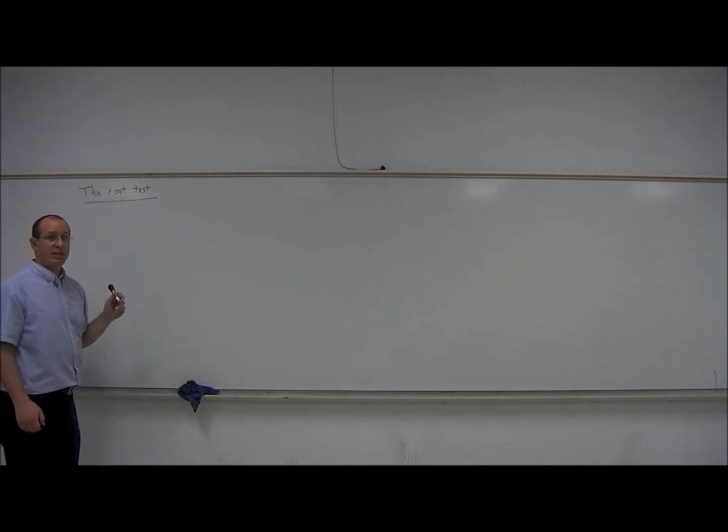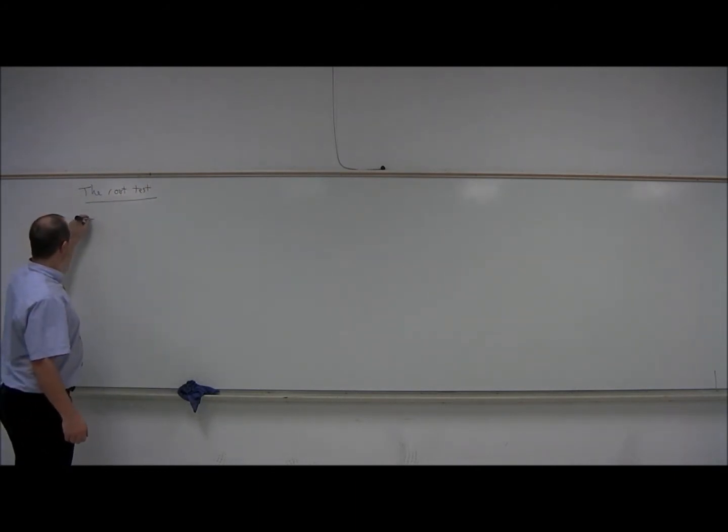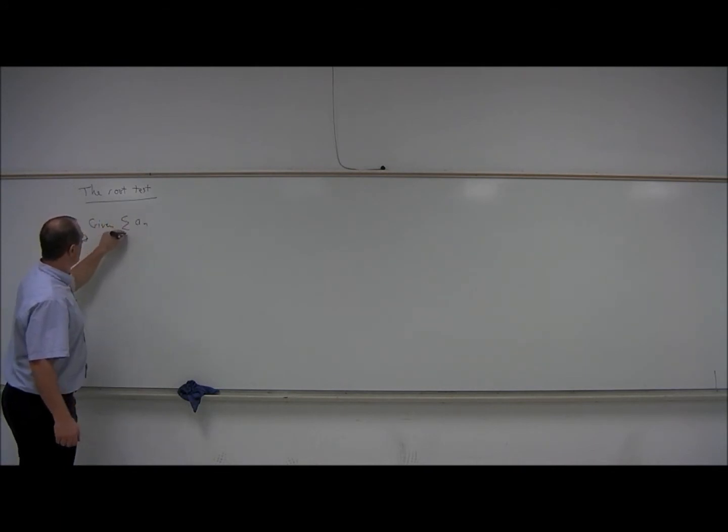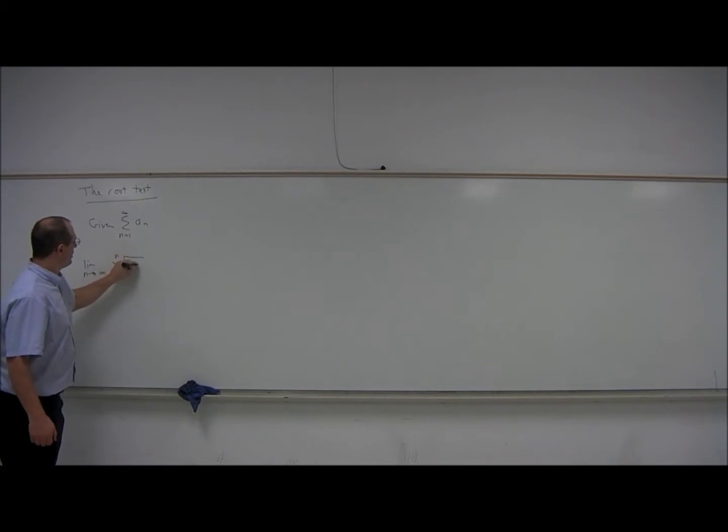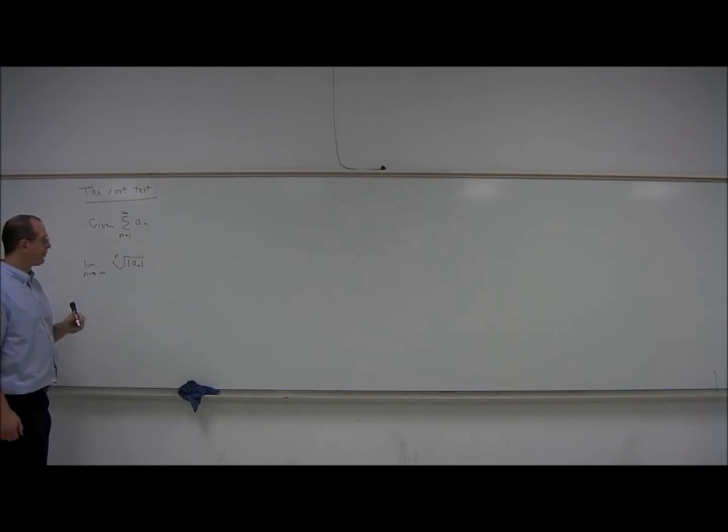The root test goes like this. Suppose we're given a series, summation a_n. We're going to consider the limit as n goes to infinity of the nth root of a sub n.